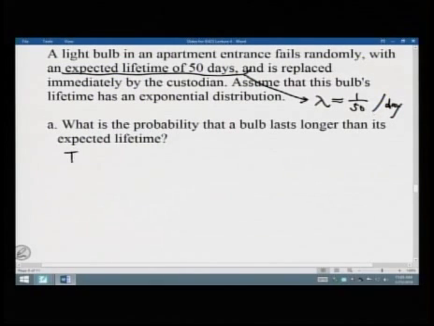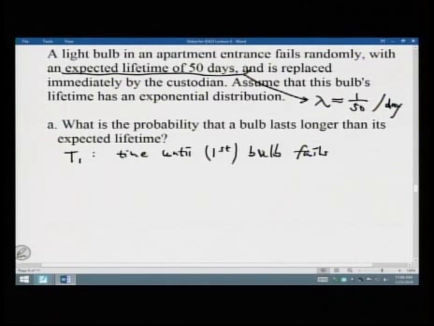So we first define the random variable as usual. T sub 1 is the time until the first bulb failure occurs.